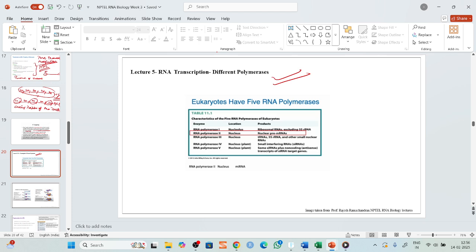RNA polymerase 3 is used for the synthesis of tRNA. 4 is used for the synthesis of siRNA, and 5 is also used for some siRNA plus some non-coding transcripts. So different polymerases are required for different types of RNA, but for mRNA synthesis, RNA polymerase 2 is required. This is important.